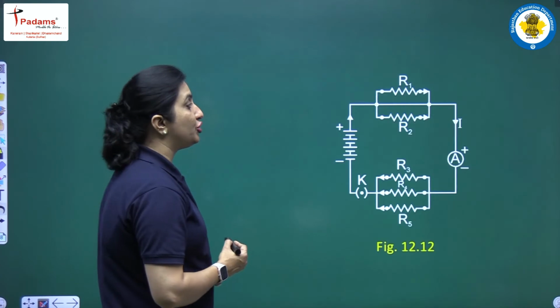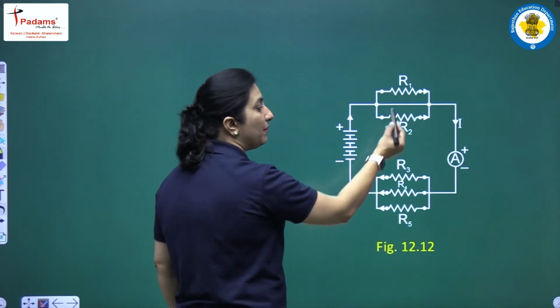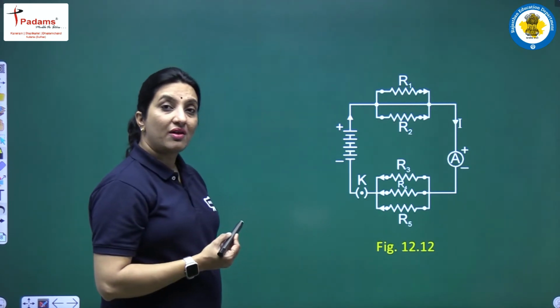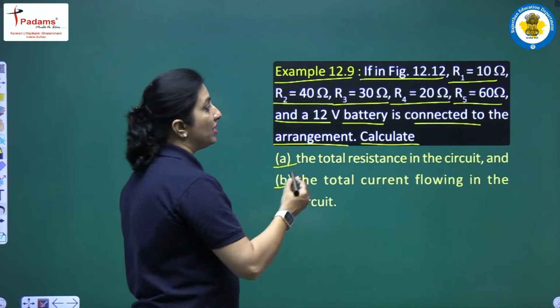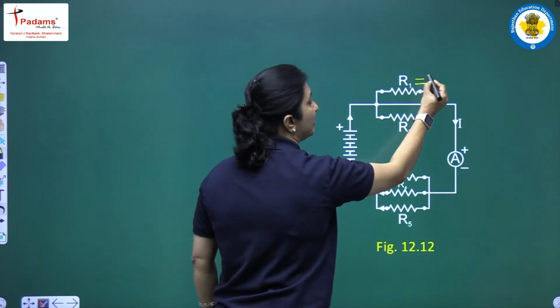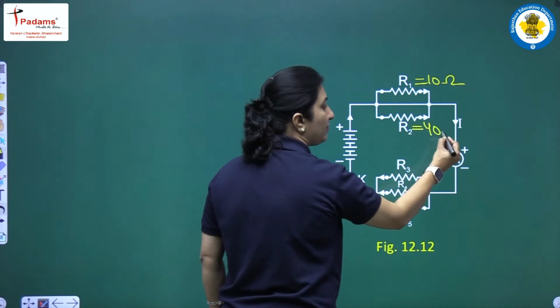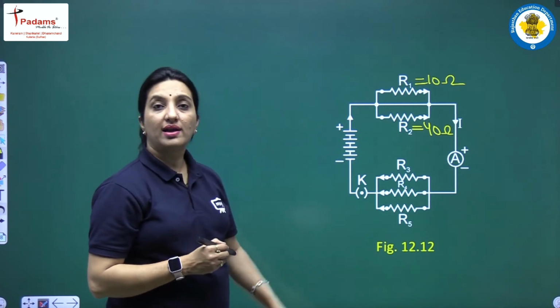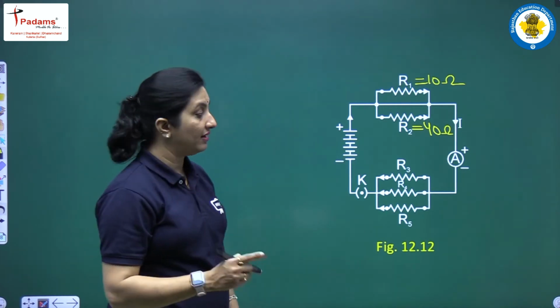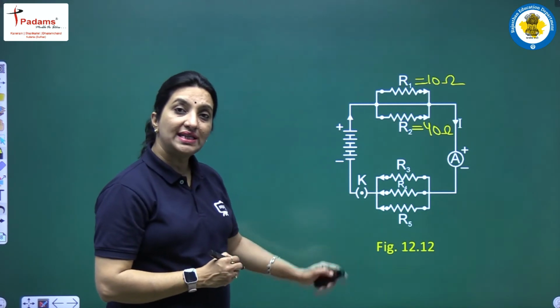Now let's see the arrangement. Here we have R1 and R2 connected in parallel. The values for R1 and R2 are 10 ohms and 40 ohms. So R1 and R2 are connected in parallel. Then we have R3, R4 and R5. These three are also connected in parallel.